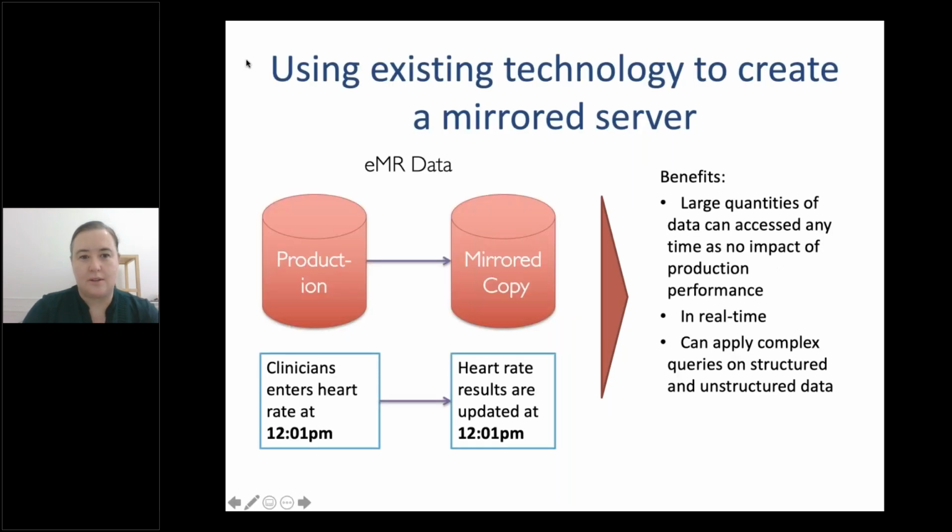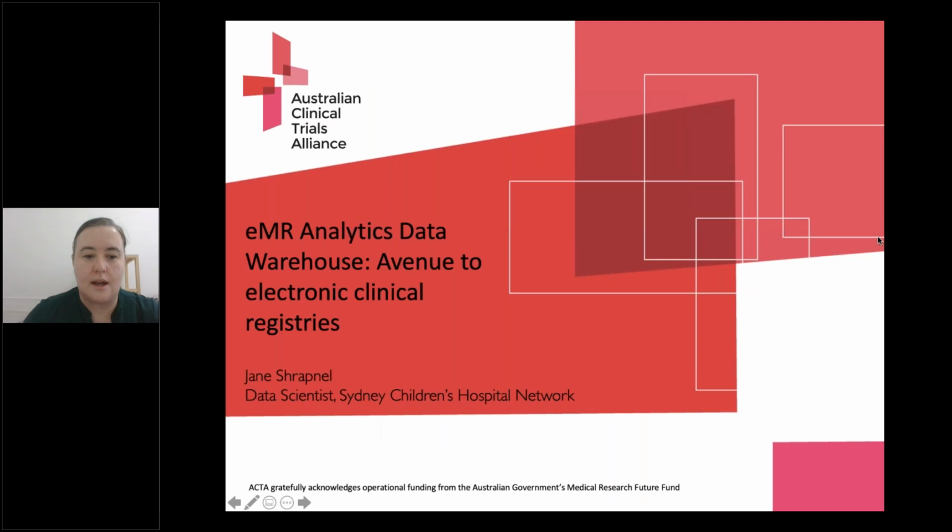How do I go back on this? Sorry, guys. Feel free to use the arrows at the bottom. Perfect. Thank you so much.